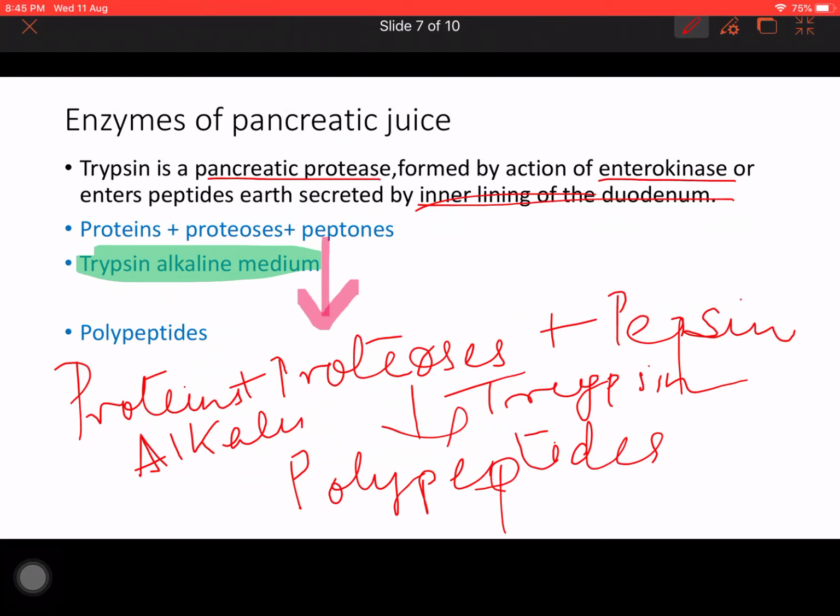This enzyme is a pancreatic protease, which acts on proteins, proteoses and peptones, and they are converted to polypeptides. So this is the function of the trypsin enzyme, the pancreatic protease.